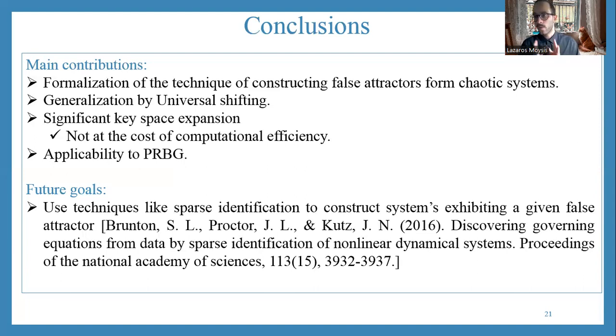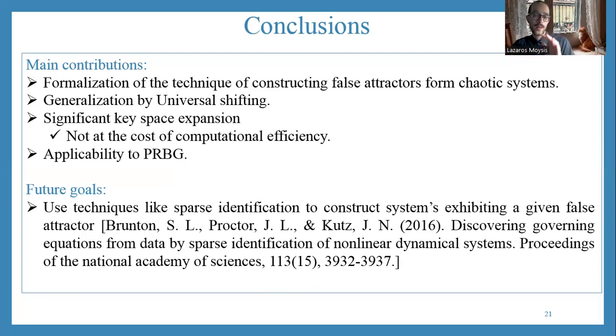Our future goal is something that is very, very novel and very experimental. Over the last few years, there have been some techniques called SINDy, sparse identification of nonlinear dynamics, that are used in order to generate and identify chaotic systems just from a time series. So what we're trying to test right now is whether, given a simple and single false attractor, it is possible to generate an actual system that has this solution as a false attractor.